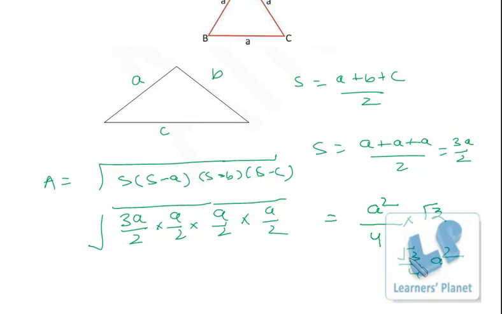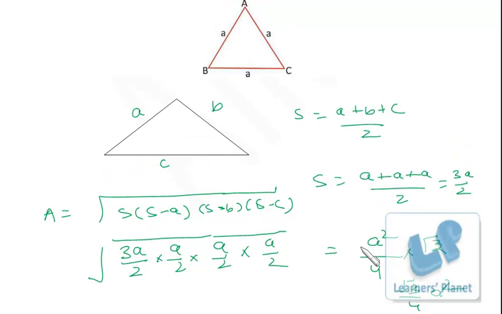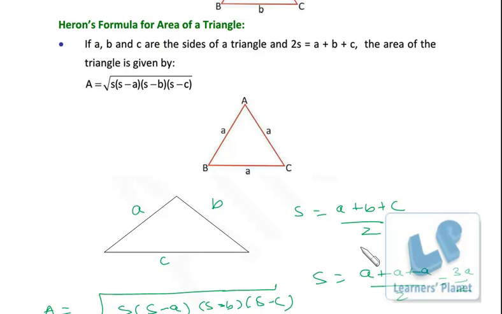Very important formula for area of an equilateral triangle. Right? So area of an equilateral triangle is root 3 by 4 side square. Here the side is A, so it is A square, otherwise it is root 3 by 4 side square. Okay? So you must be knowing the Heron's formula, so you can easily find out the area of any triangle if the three sides are given. Okay?